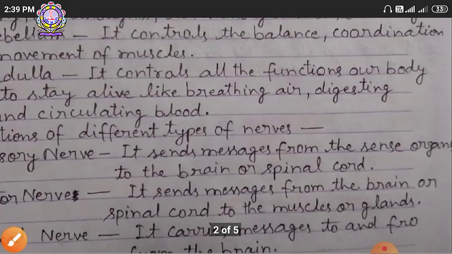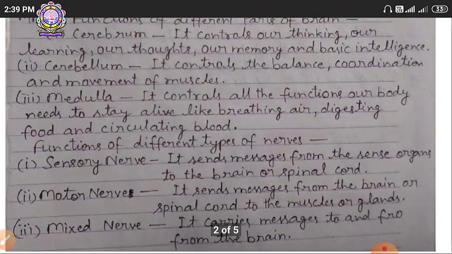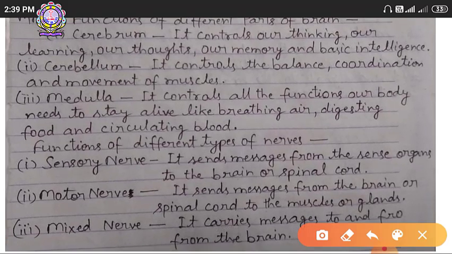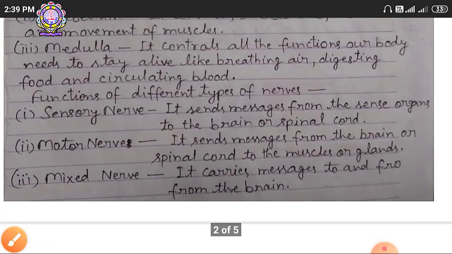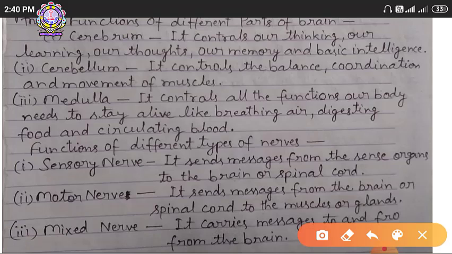Now your third nerve is mixed nerve. This is the third heading. It carries messages to and fro from the brain.